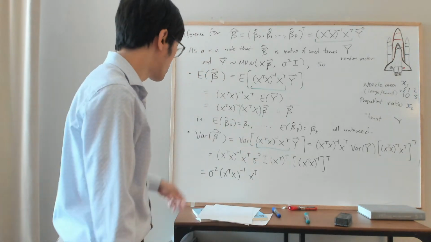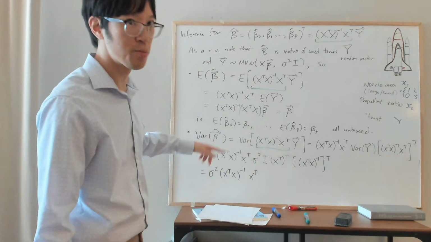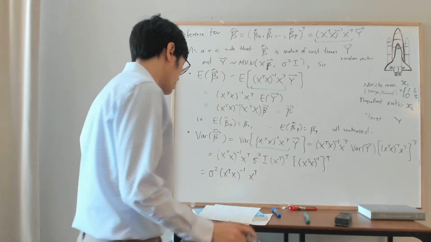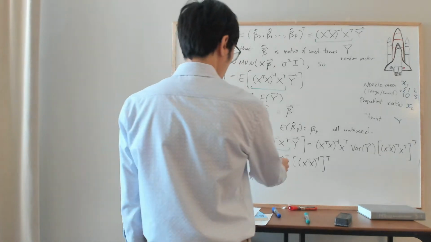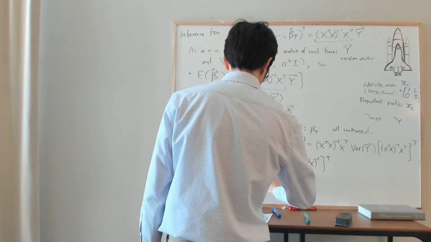Sigma squared is not a matrix. It's just a scalar constant multiplied on the matrix, so let's put it outside. x transpose transpose is just x.